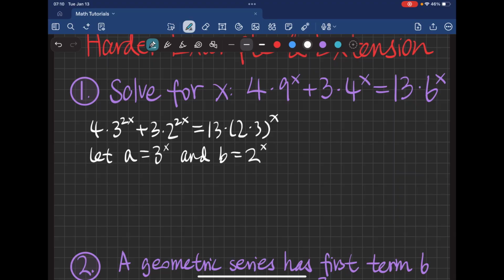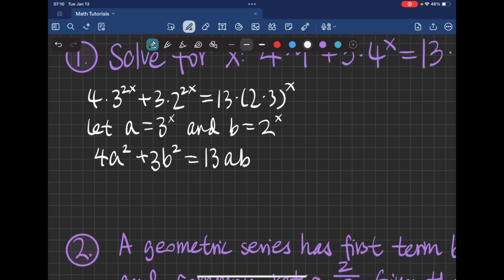We can rewrite this as 4a to the power of 2 plus 3b to the power of 2 equaling 13, and then that is just ab.